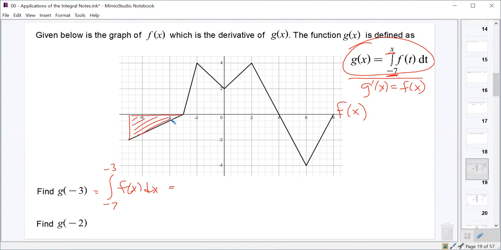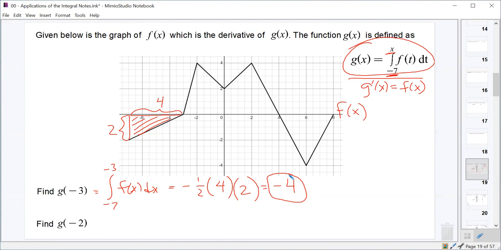So that means that this section that's below the x-axis needs to come out to be negative. Since it's a triangle, we'll do 1/2 the base, which extends from -7 to -3, so 4 units, times the height, which is clearly 2 from 0 to -2. And this ends up giving us -4 as our value for g of -3.